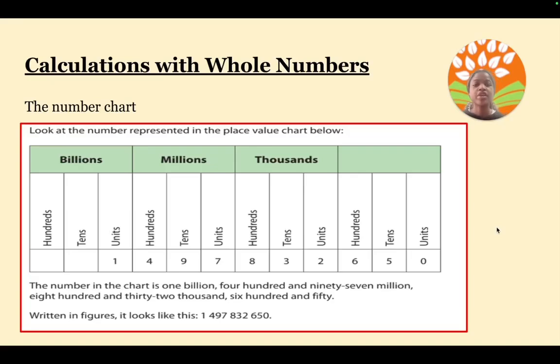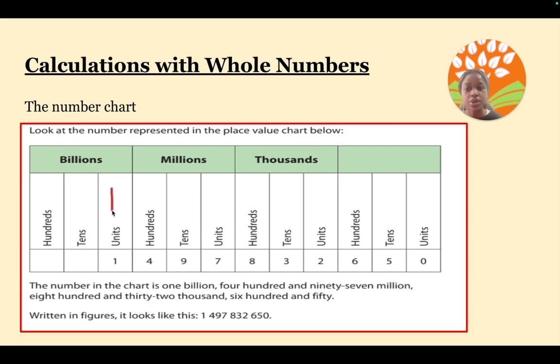So before I explain rounding off a little bit further, I need to get down to the basics, and I need you to understand the number charts. So here we've got billions, millions, and thousands, okay? Here's our billions column, and that means 1, 2, 3, 4, 5, 6, 7, 8, 9. Billions basically have 9 zeros, okay?